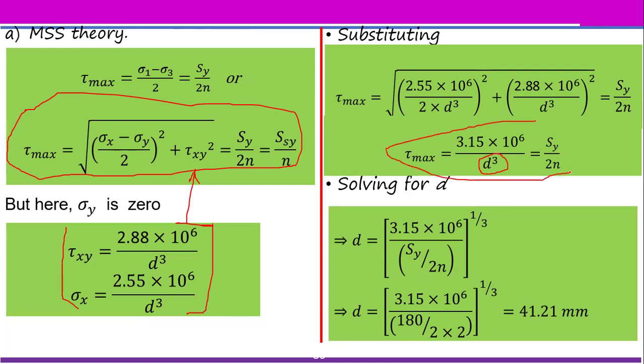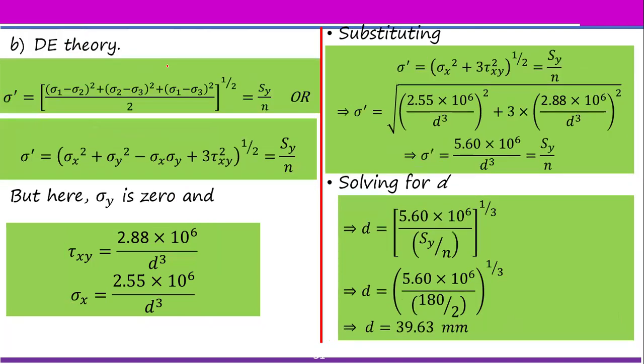So if you solve for D from this equation, then you get this expression. Calculating the value of D, you'll get it to be 41.21 millimeter. This is the diameter of the shaft calculated using maximum shear stress theory.